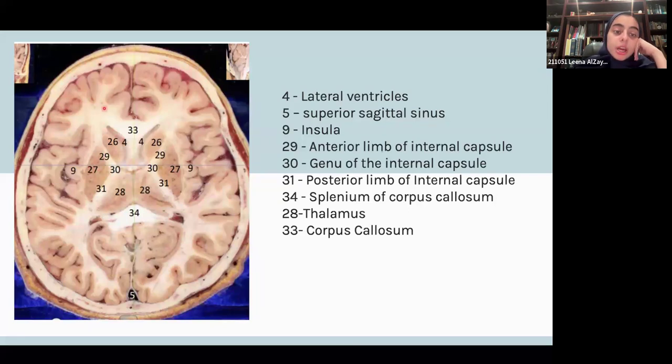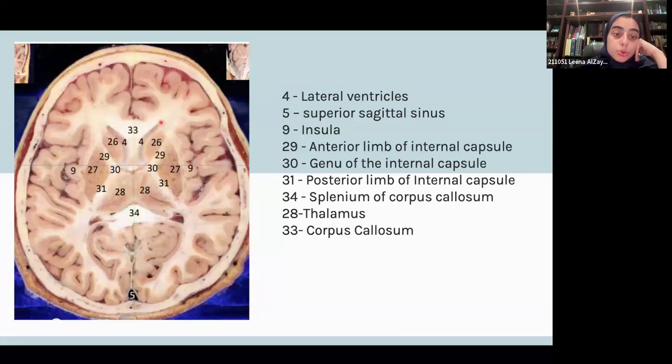We'll discuss it. 33 is connecting between the right hemisphere and the left hemisphere. Do you have any reminder of fibers that connect the right hemisphere and the left hemisphere? Any connections? Exactly, it's the corpus callosum. So it's a bunch of fibers connecting the right to the left.